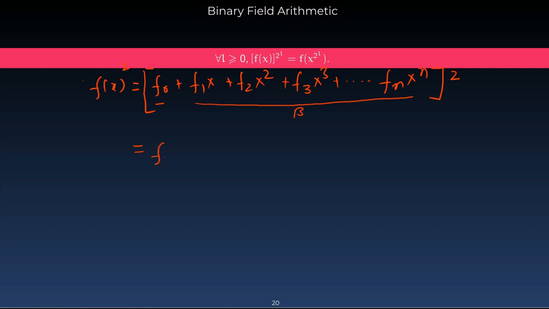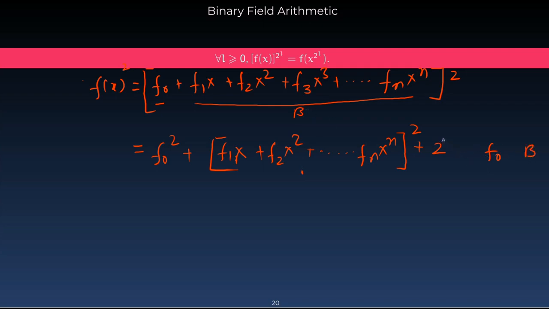So this will be f0 square plus (f1 x plus f2 x square dot dot dot fn x to the power n) whole square plus 2 times f0 times b.